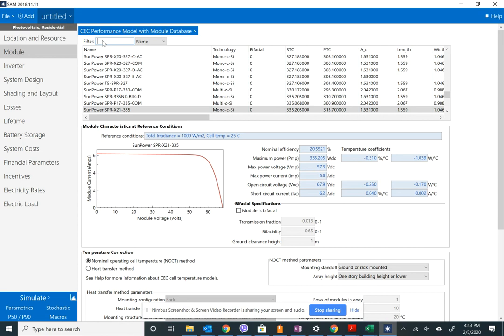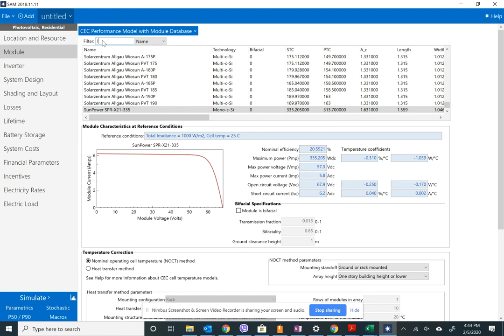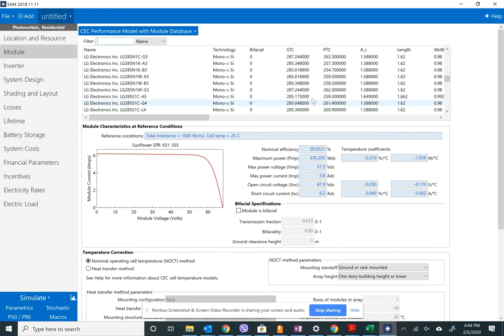So that is going to be, yeah, LG. Let's see if we can find it. It's in here somewhere. There are the LGs. Okay. We got an LG 3.